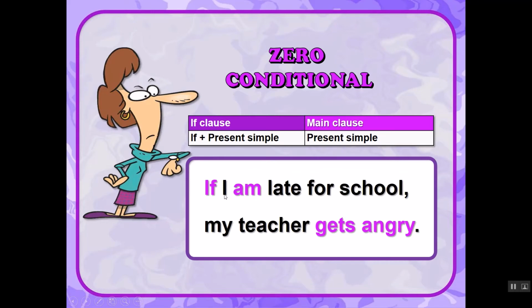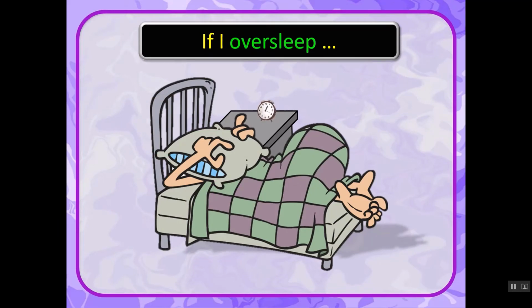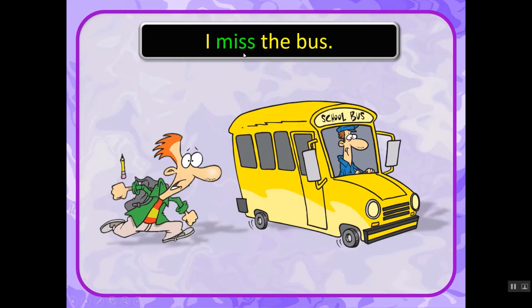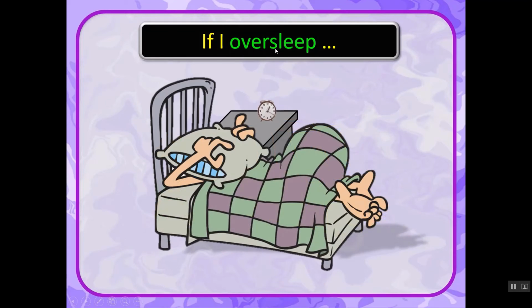Okay? So we're going to look at some examples. If I oversleep or if I sleep in, what happens? I miss the bus. So look at miss. It's in the present simple. Oversleep is also in the present simple.